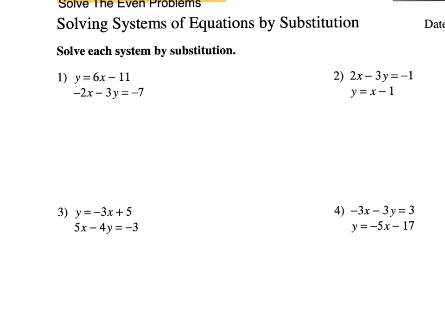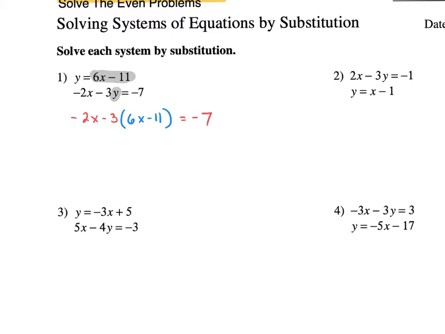What we can do in substitution is take this entire chunk that y is equal to and substitute it in for that other y. Remember, when you substitute, you always want to put things in parentheses. So here comes my substitution. I'm going to show those parentheses. And y is now 6x minus 11. I'll close my parenthesis, equals negative 7.